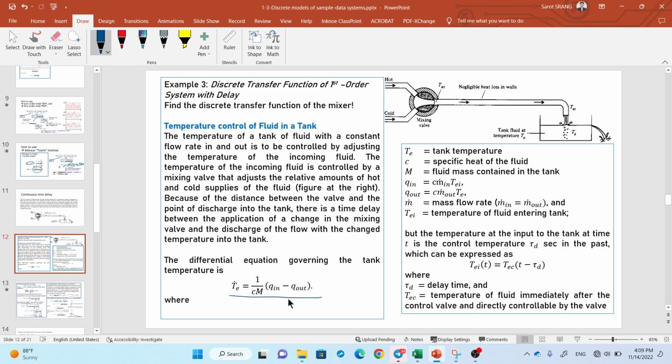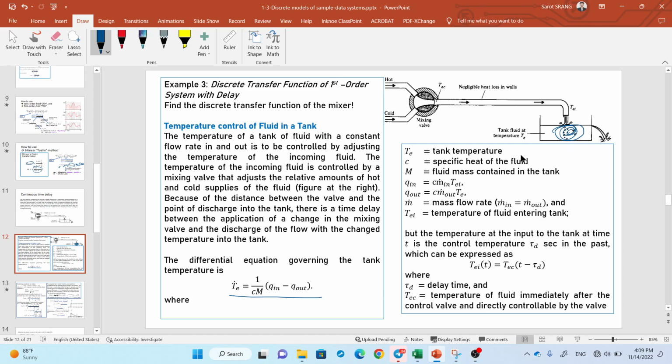What does this say? This means the rate change, it comes from this idea. The rate change of heat quantity in here equals the difference between the incoming heat and the outgoing heat, right?